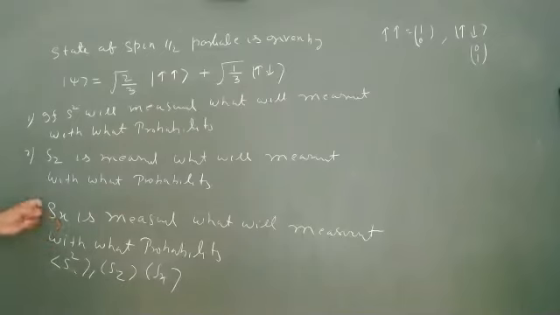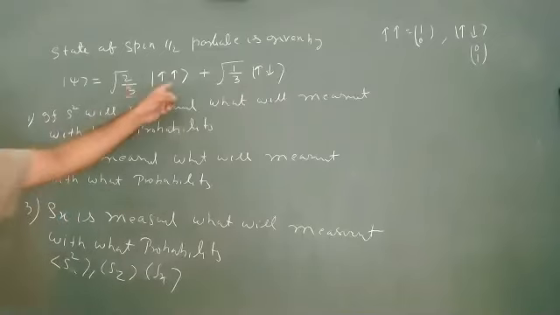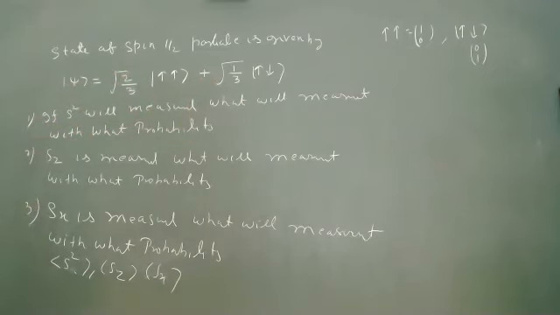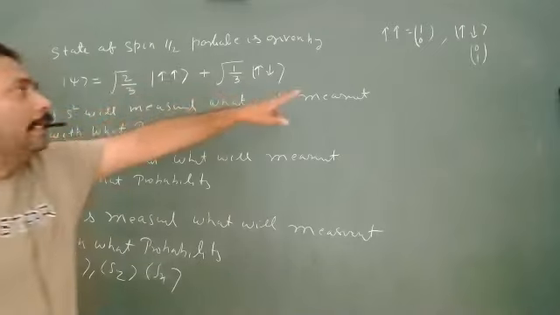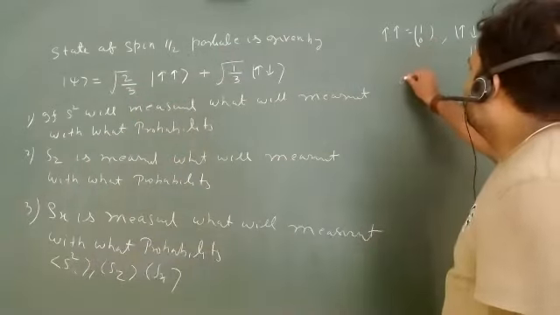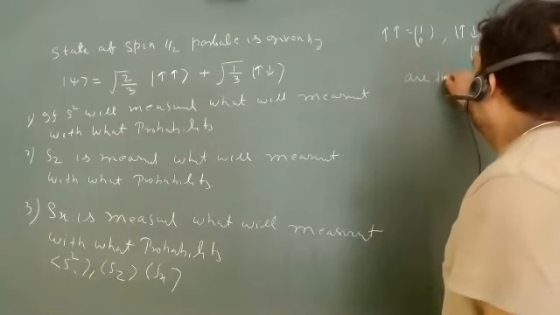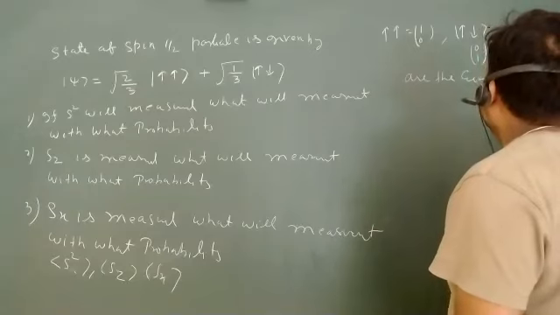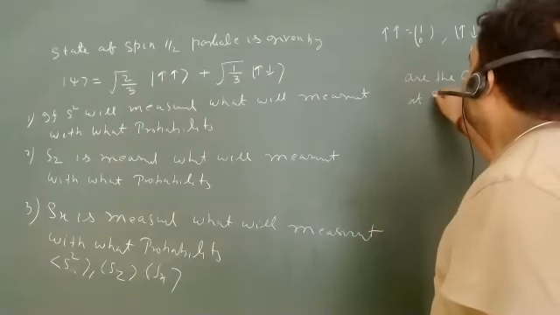But when you go for Sx, it will surely be a problem, because you have to write psi in a basis of eigenstates of Sx. Up and down are the eigenstates of Sz.